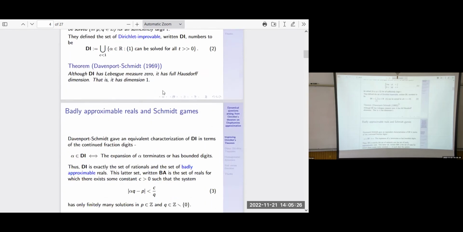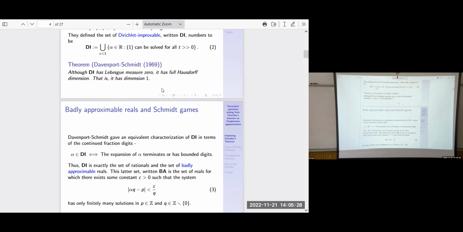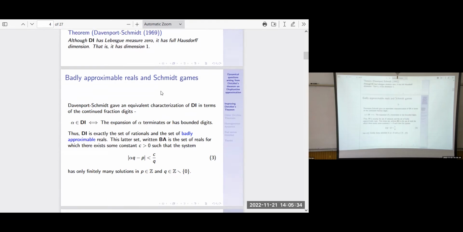Okay, so I hope Di is an important set and the definition is clear. What they did was characterize Di completely. A number is in Di if and only if the continued fraction expansion either terminates, i.e. it's rational, or it has bounded digits. The latter set, the set of numbers with bounded digit continued fraction, is called the set of badly approximable real numbers.